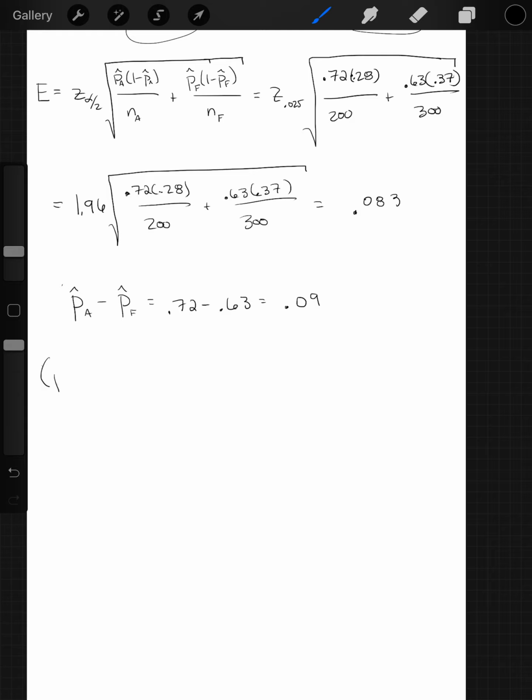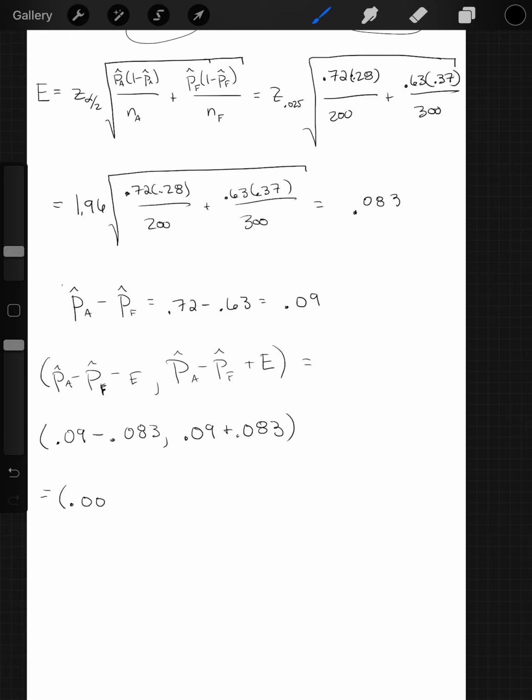So our confidence interval is going to be our point estimate minus E, and our point estimate plus E. So we get 0.09 minus 0.083, and we get 0.09 plus 0.083.